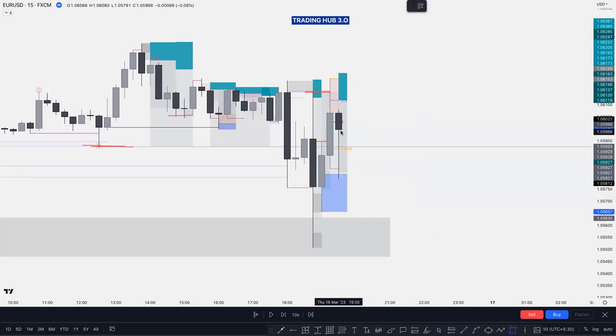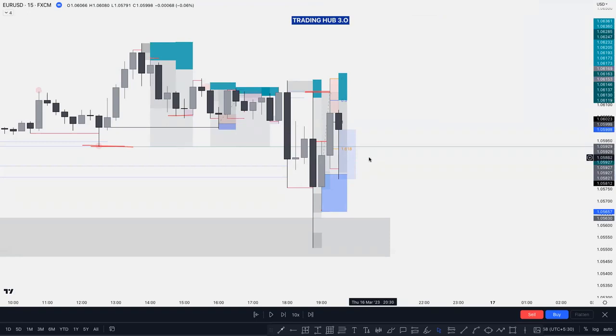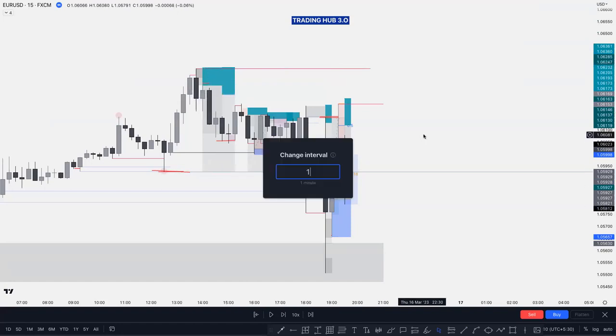Sweep, and you can buy here. And this buy is like a pro buy. So you can set a maximum target, at least the first target is here and this one, because you are buying in a pro trend.